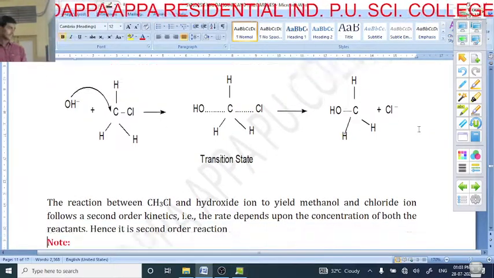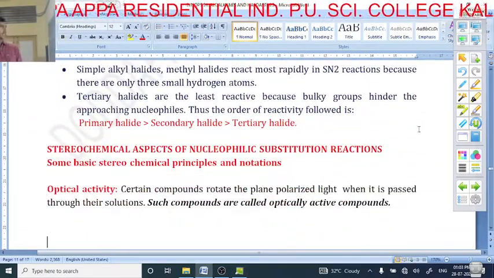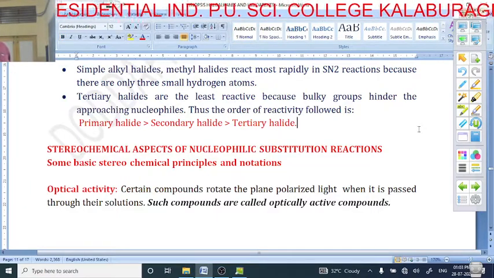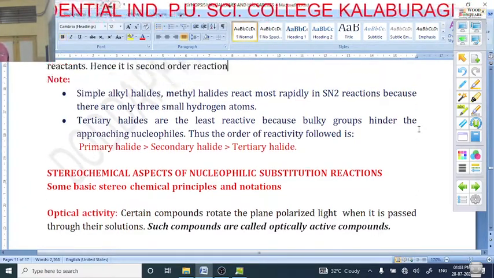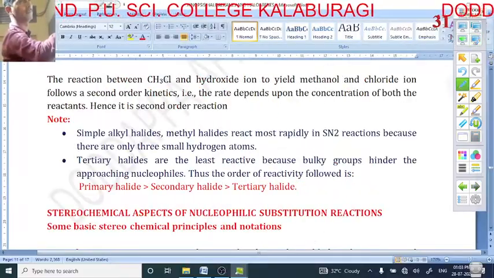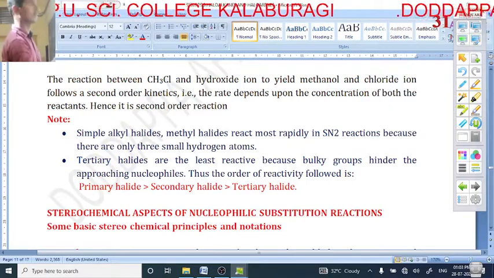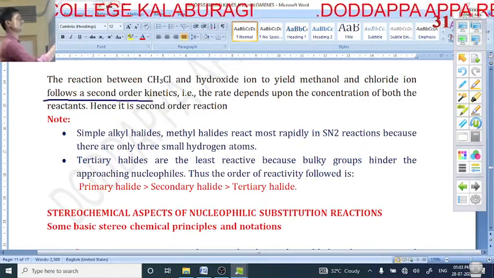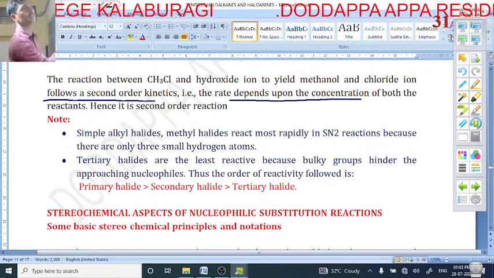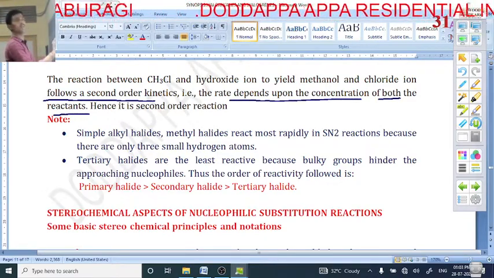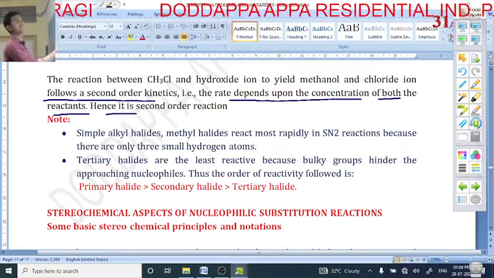The next thing, about the SN2 reaction, is very important. The SN2 is a second order reaction. The rate depends on the concentration of both reactants, hence it is a second order reaction.